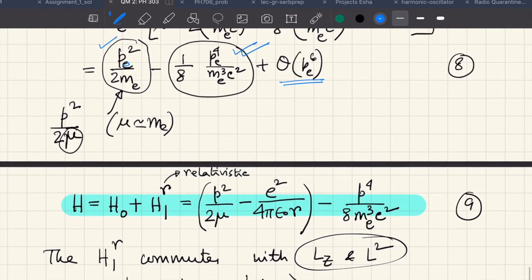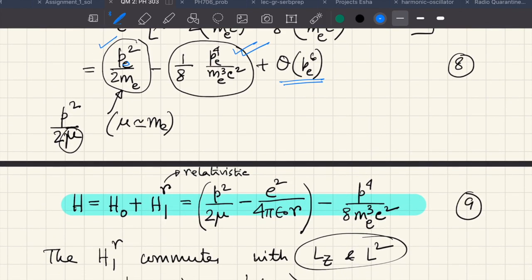Now our total Hamiltonian, which we denoted by capital H, is nothing but H naught plus H1 R, where R stands for relativistic correction.